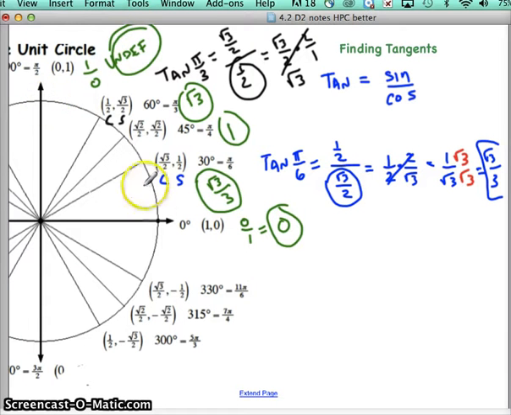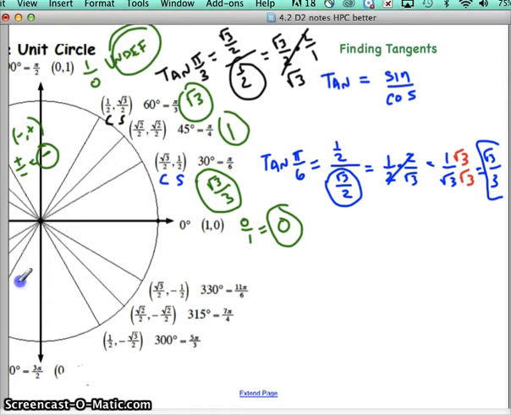Okay, so now there's symmetry to that whole unit circle with this. So remember, everything in the second quadrant is a negative, comma, positive. So if I do sine divided by cosine, a positive divided by a negative, I'm going to get a negative tangent over in this quadrant, the second quadrant.